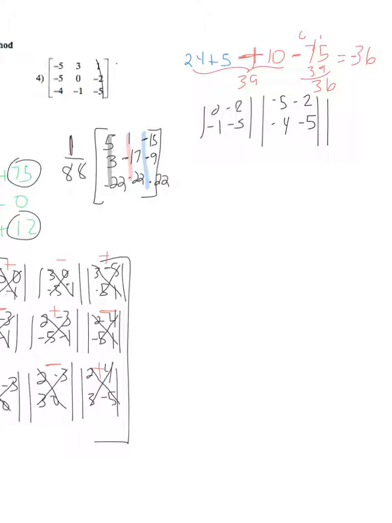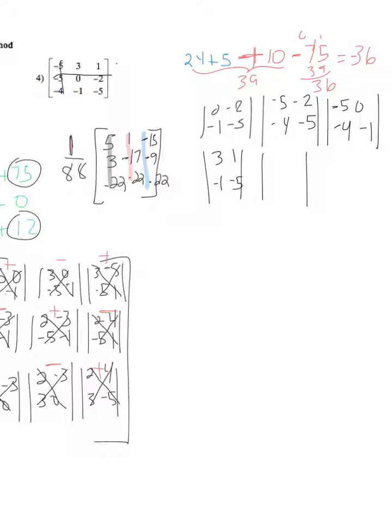And then get rid of this one. So that's going to leave us -5, 0, -4, -1. And I'm going to go here. Okay, that leaves me 3, 1, -1, -5.